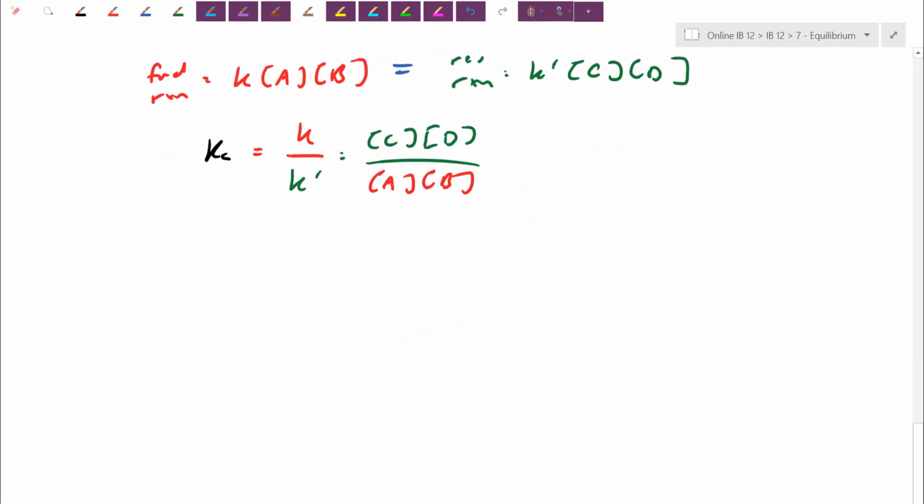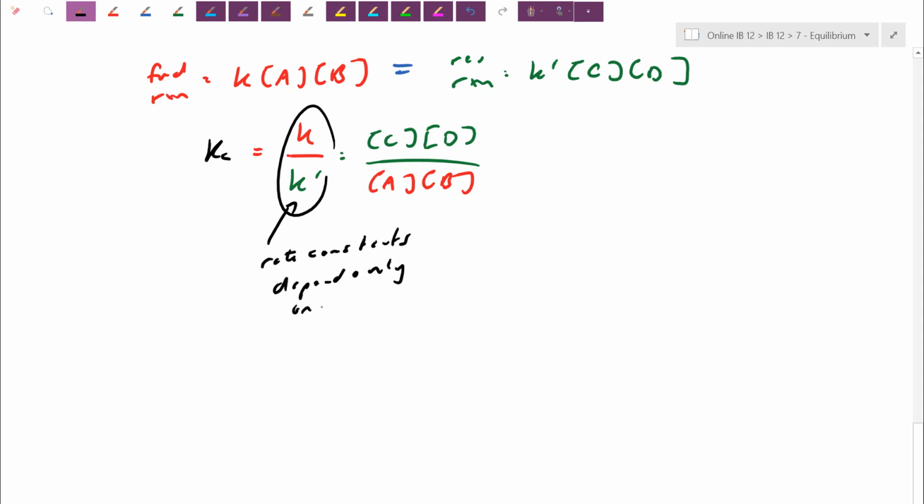Now, we had already made an observation: because these are rate constants, they depend only on temperature. You can think about the Arrhenius equation there: k is A e to the negative Ea over RT. So this rate constant is only temperature dependent.